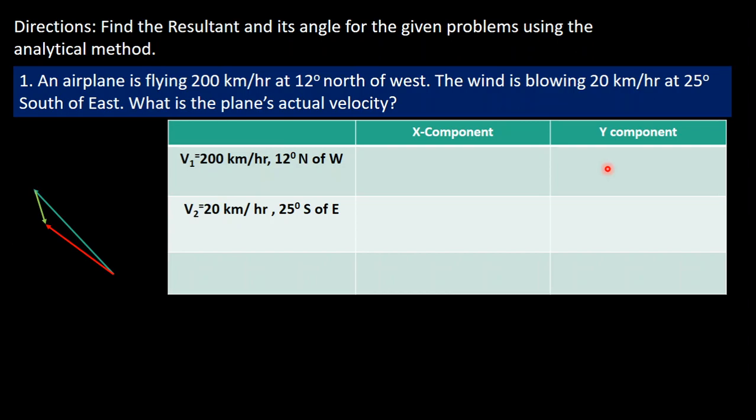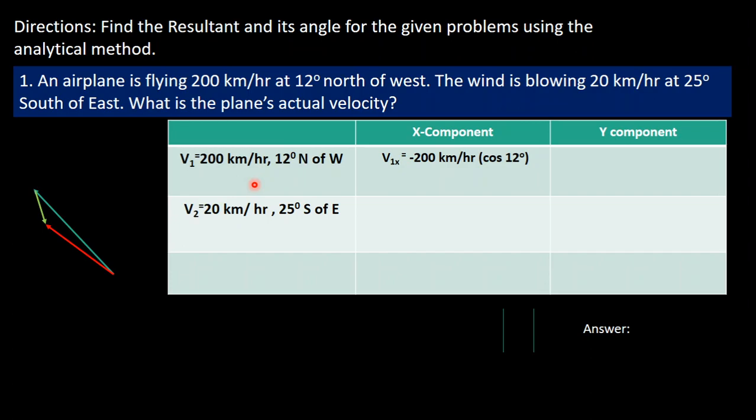Okay, next would be to do it like this. So v1 stands for this one, and x means the x component for this velocity. 200 km per hour, and remember it's negative. So just simply copy the 200 km per hour here. And why is it negative?